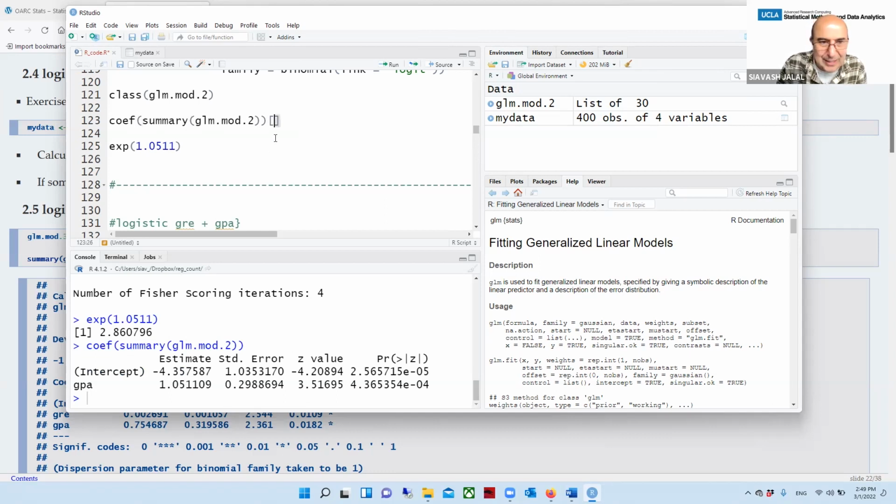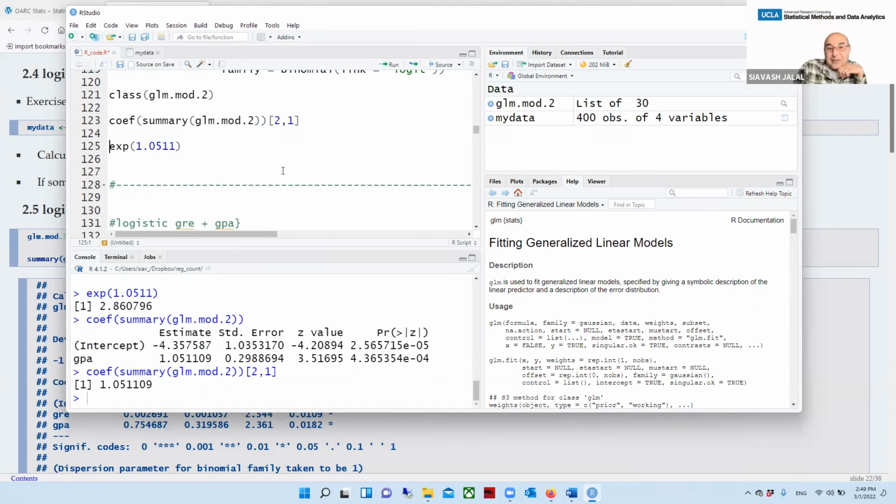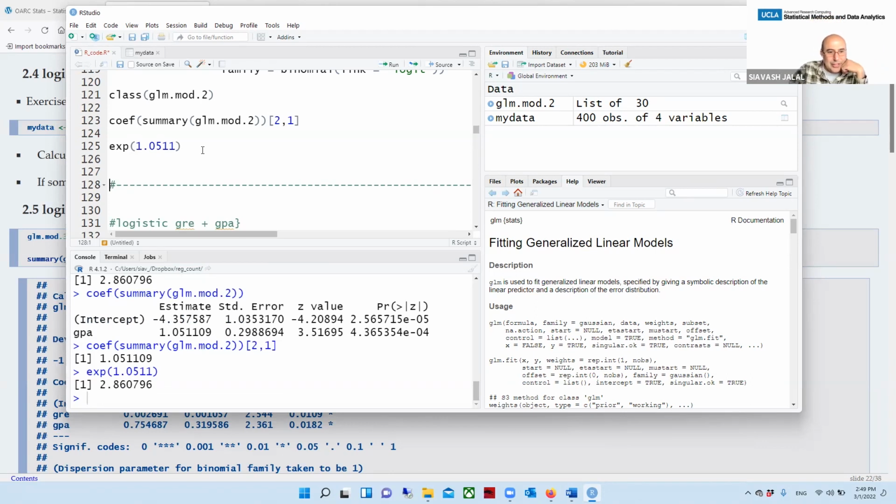So what I do is I say I want this GPA, right? So it is the second row, first column, right? So the second row, first column gives me that value, and you can extract it exactly this way if you want. And the exponentiated value of this was 2.86, right?